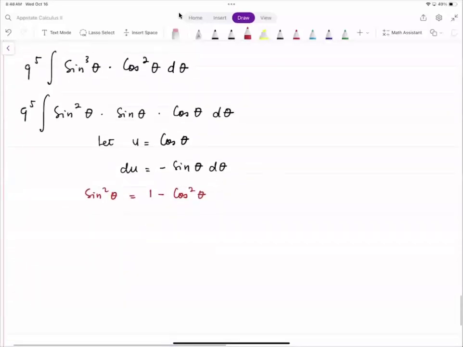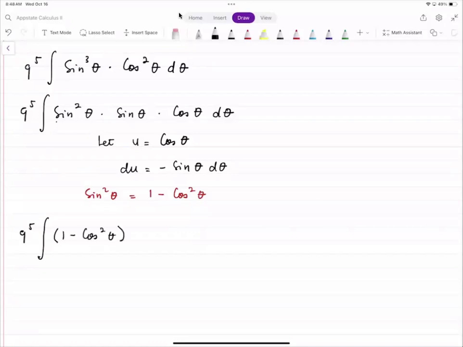And so we can see from here that 9 to the power 5 integral, in place of sine squared theta, we have 1 minus cos squared theta times this cos squared theta. And then we are going to replace this sine theta d theta with negative du.